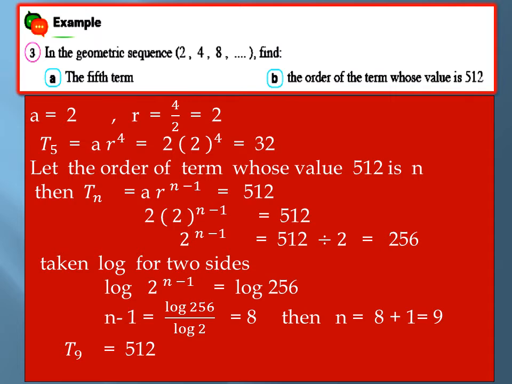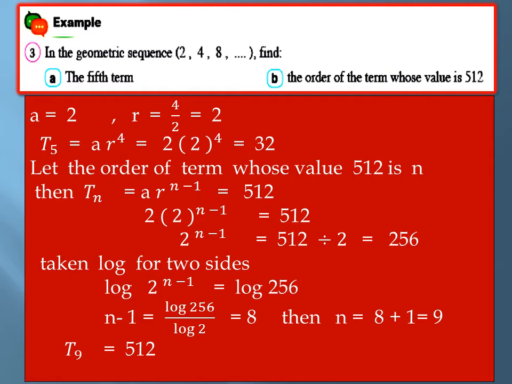Now we can divide the two sides. Then the right hand side is 2 to the power n minus 1, and the left hand side equals 256. How can we find the power n minus 1? By two methods.